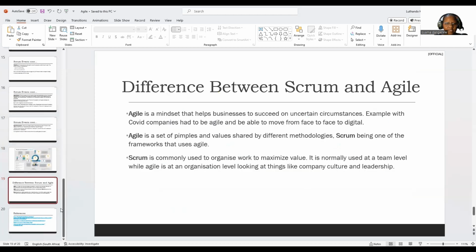And lastly, let's look at the difference between Scrum and Agile. So Agile is a mindset that helps business to succeed in uncertain circumstances. This means that you've got a project, and on a high level you know what you want, but you are not 100% sure.